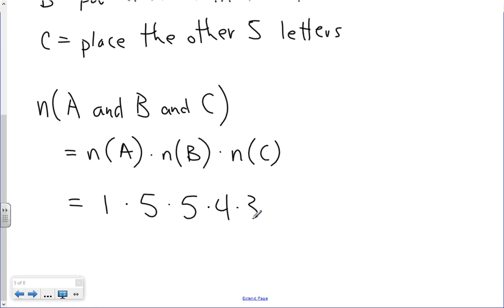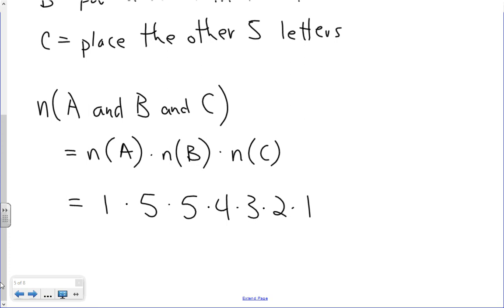And 3 for the next, and 2 for the next, and 1 for the next. The very last letter, there's only one choice to plug in there. It's really the 6th spot in my arrangement because the vowel is going at the end. So there's only one choice to plug in there. So there's our calculation for the number of ways of arranging these 7 letters in this particular way: a Q in the 4th spot and a vowel in the last spot.